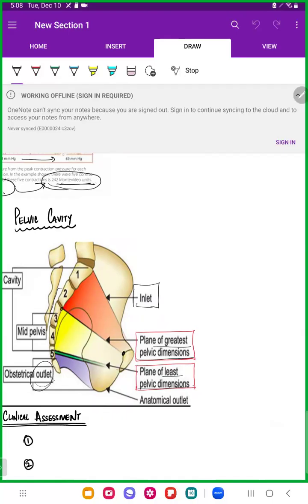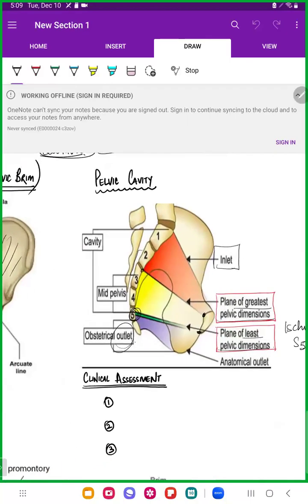It starts from the lower border of pubic symphysis, then crosses iliac spine, ischial spine laterally, and finally to the last sacral vertebra, which is S5. Okay. Now this plane of least pelvic dimension is also called as obstetrical outlet, because if the baby passes through this plane, then the baby will deliver for sure.